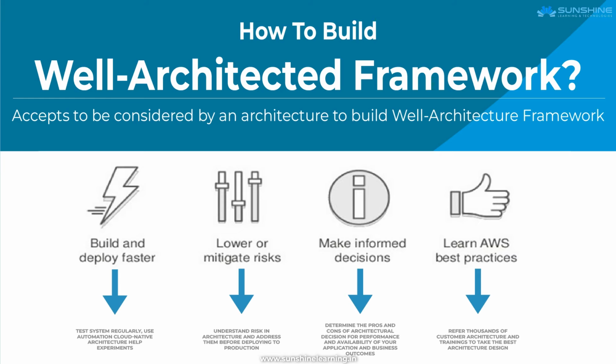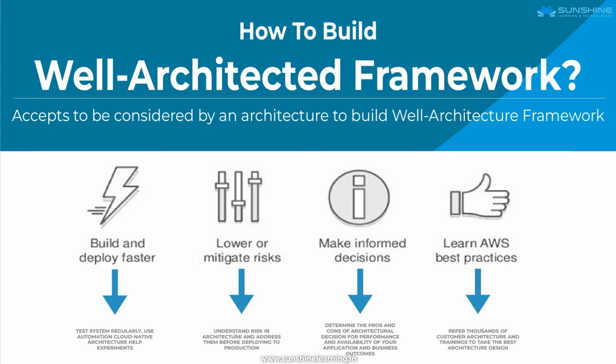Then we should be able to make informed decisions. We should be able to determine the pros and the cons of the architecture decisions for performance and availability of your applications and business outcomes. Then we should also learn the AWS best practices and the recommendations. So we should follow some case studies that AWS offers, and refer to thousands of customer architectures and trainings to arrive at the best architecture design.